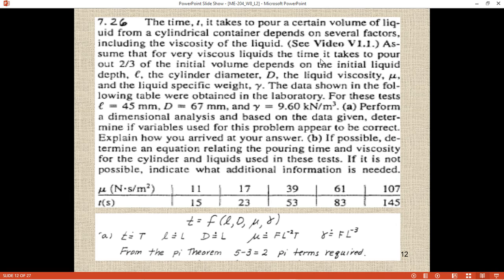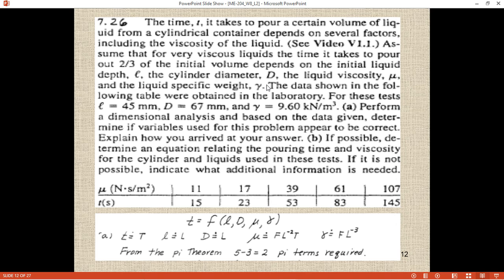Assume that for very viscous liquids, the time it takes to pour out 2/3 of the initial volume depends on the initial liquid depth L, the cylinder diameter d, the liquid viscosity mu, and the liquid specific weight gamma.